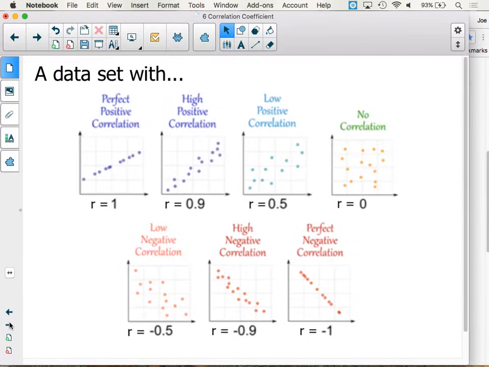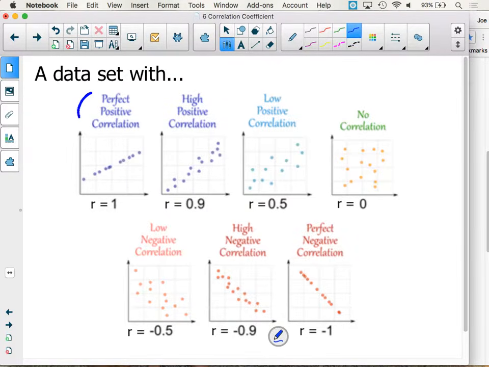So here's a few examples of scatter plots and their corresponding R values, their corresponding correlation coefficients. It's probably a good idea to pause the video as well and copy down some of these pictures. A few things about these here. You're going to notice this first one, the positive correlation one.